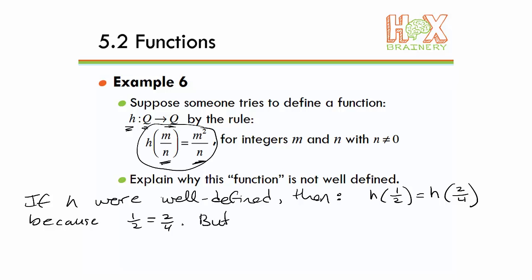But if you plug the 1/2 into the function, it's telling us to square whatever the number in the numerator is, and don't do anything with the denominator. So you get 1/2 when you plug 1/2 in. And when you plug in 2/4, you're going to have 2 squared over 4.